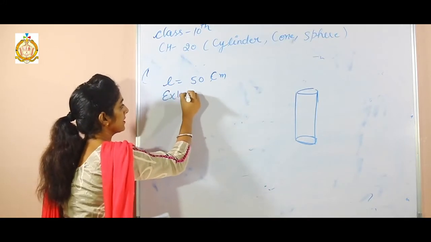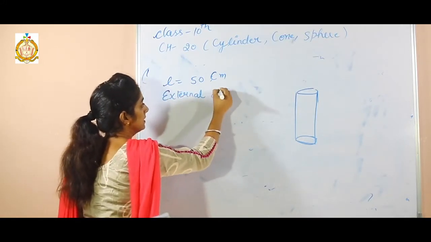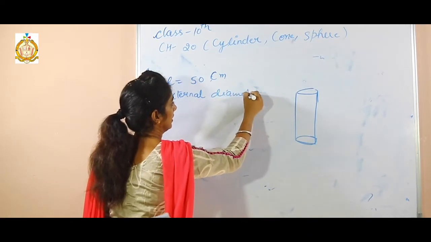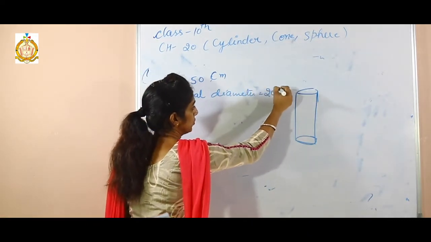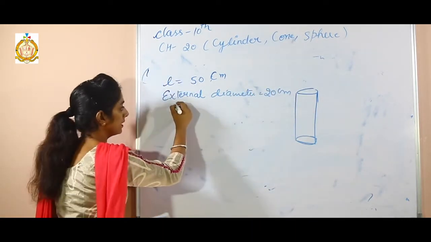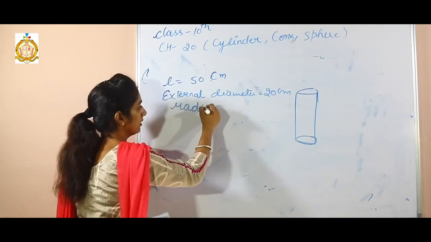Now its external diameter is 20 centimeter, means its radius is what?